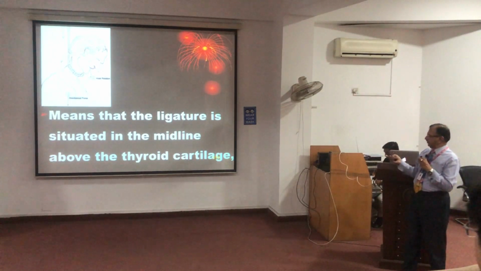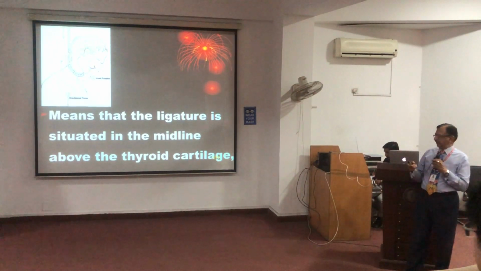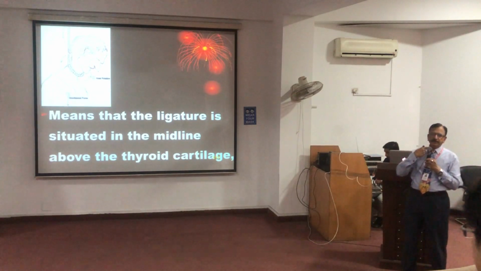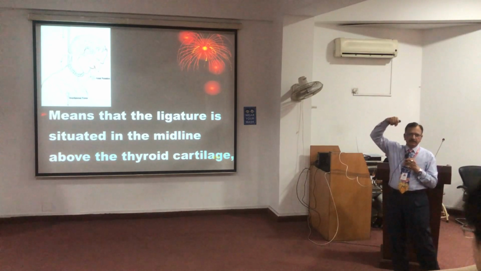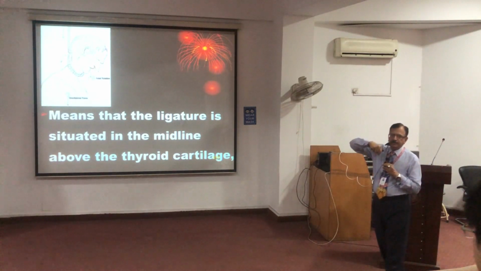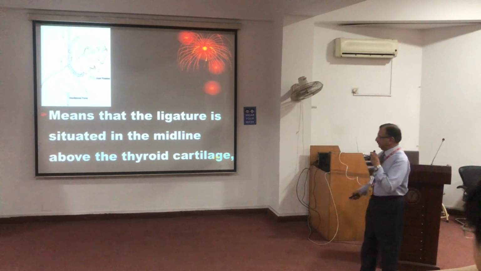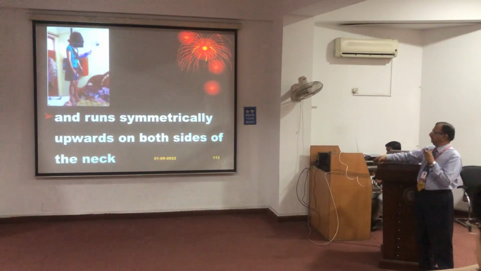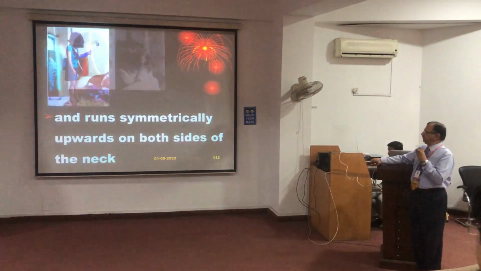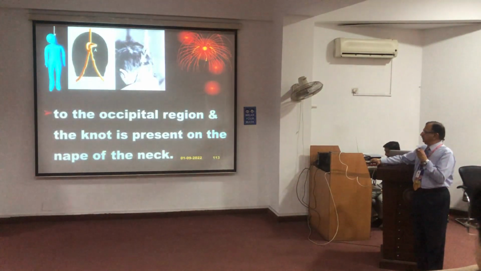The ligature is situated in the midline above the thyroid cartilage, going up and back, and the noose or the knot is at the back of the neck. So this is the knot at the occiput.